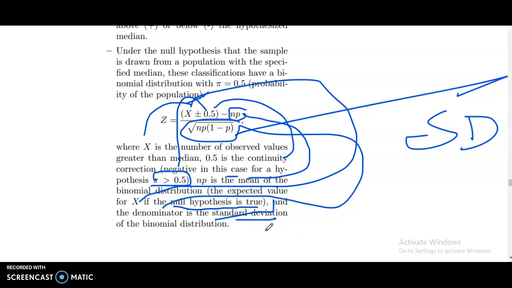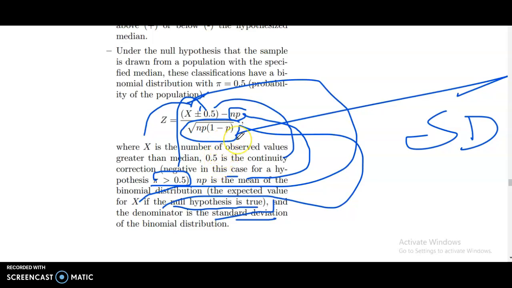So what we are doing here: we take the expected value plus or minus 0.5, adding in the positive case and subtracting in the negative case, then subtract np, the mean of the binomial distribution.